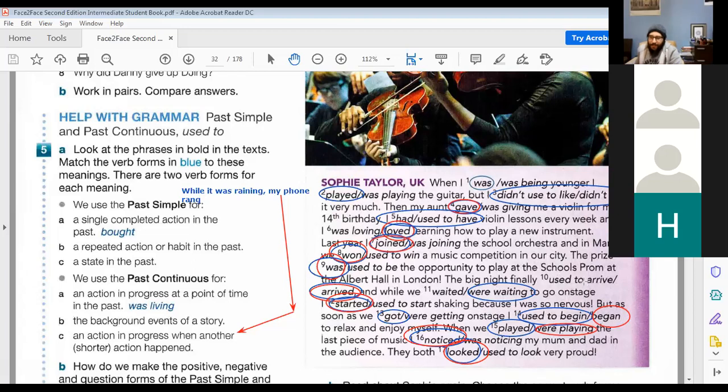The last half of the story, the girl talks about the day they played at the Albert Hall. It says: the prize was the opportunity to play at the school prom at the Albert Hall in London. The big night finally arrived.